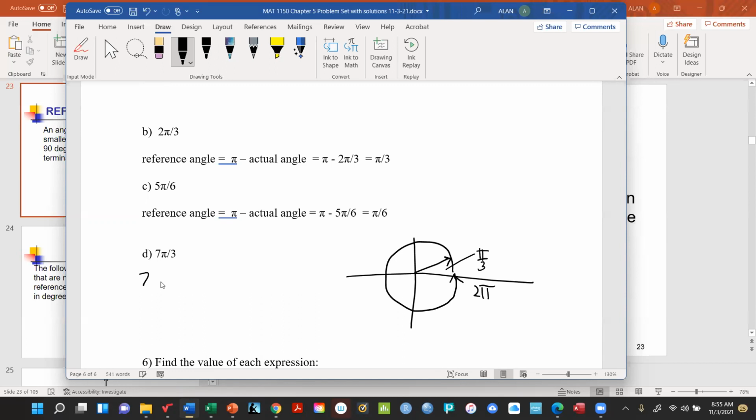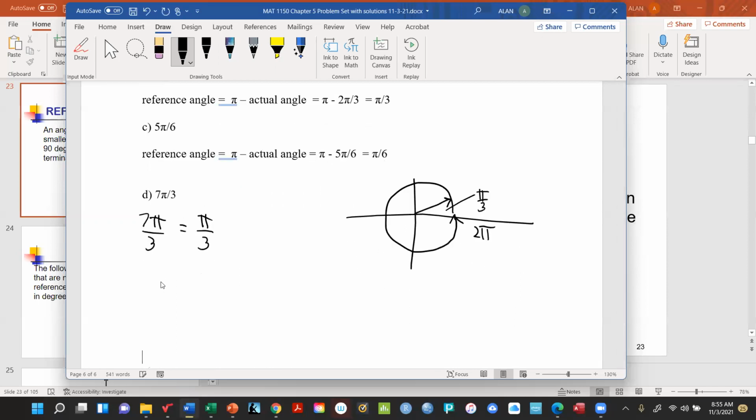So this angle is the same as this one. Just like, let's say you had an angle of 450. This equals 90 because 450 minus 360 is 90.